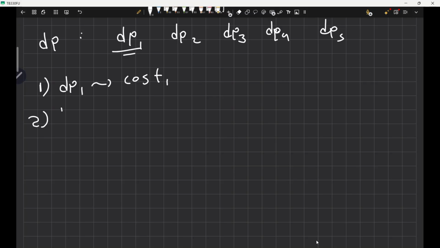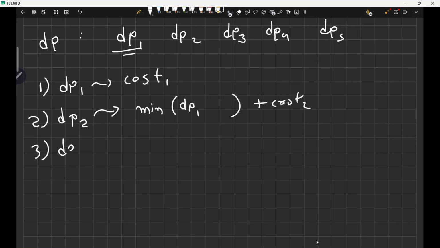Then at the second second you find the value of dp of 2, and it is just going to be the minimum of dp of 1, and there is no other one here, so that's it, plus cost of 2. Then in the third second you count dp of 3, which is going to be the minimum of dp of 2 and dp of 1, plus cost of 3.